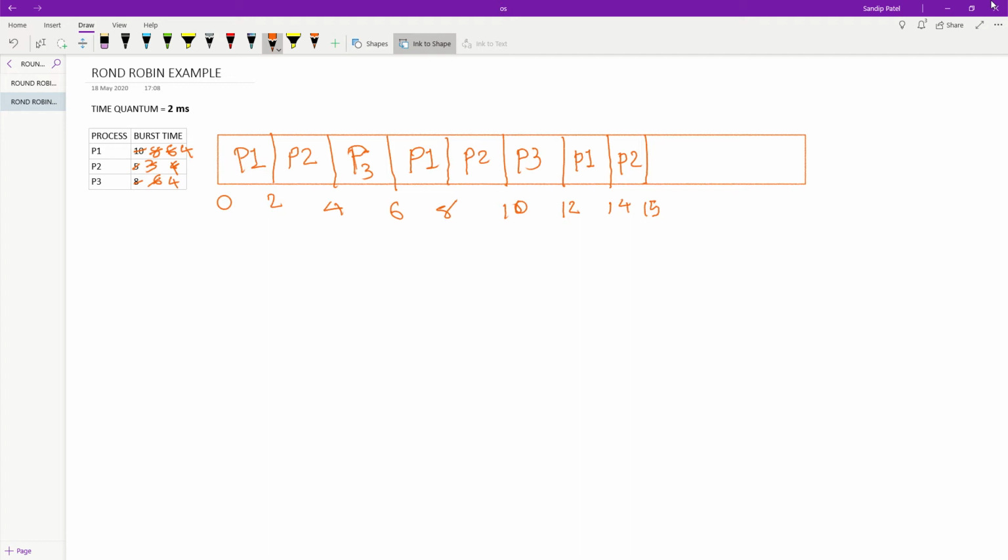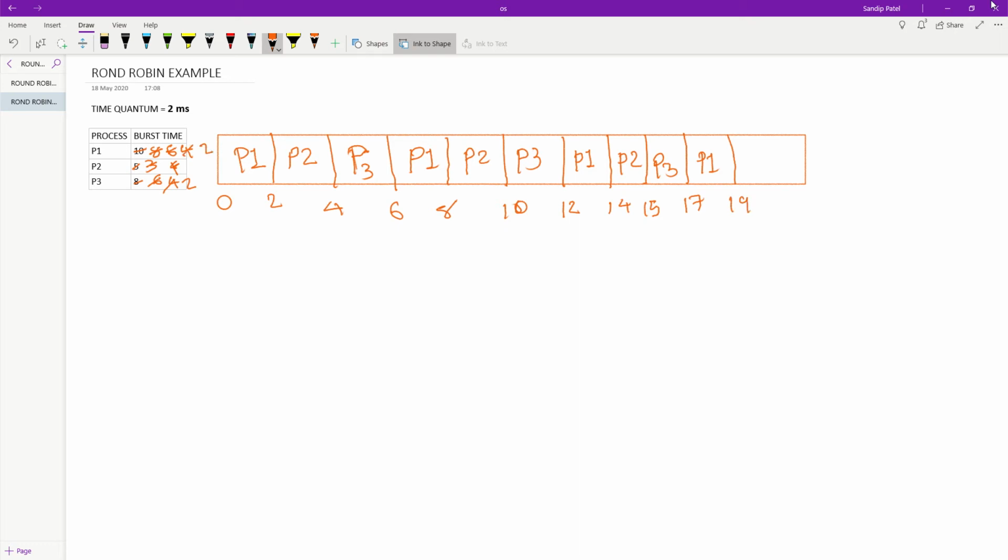Next comes P3. Okay, so P3 again has only 2 milliseconds. 15 plus 2, that's a 17. So 2 is completed, so remaining is 2. So now P1 is still not completed, so I'm writing P1 again here. So 2 here, 17 plus 2, 19, remaining are 2.